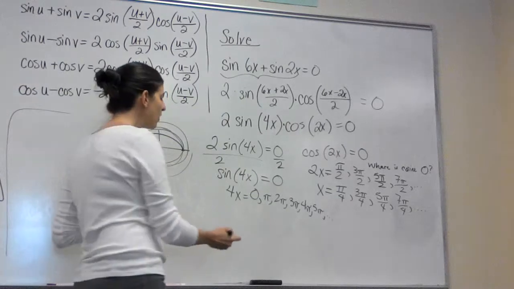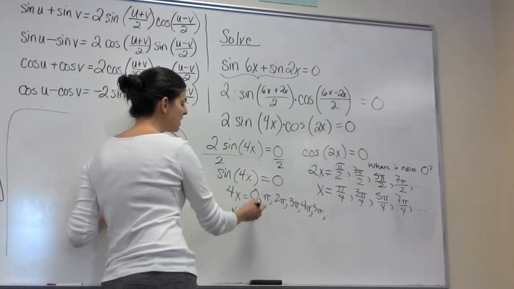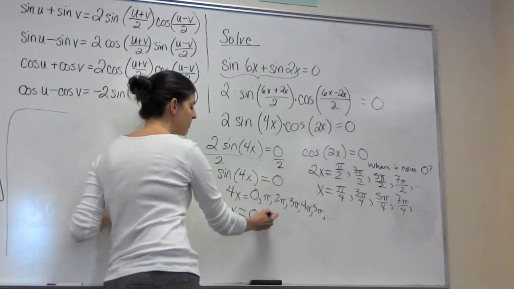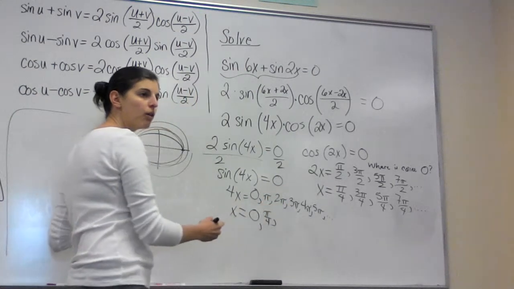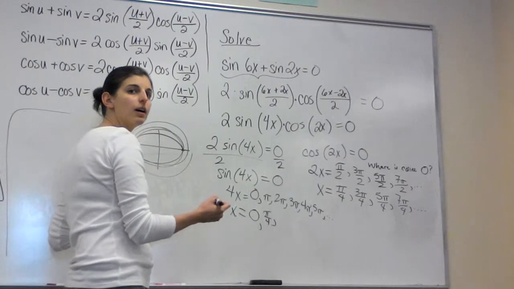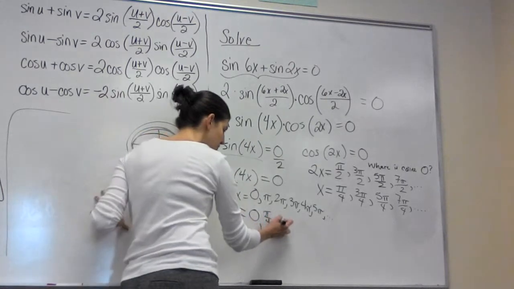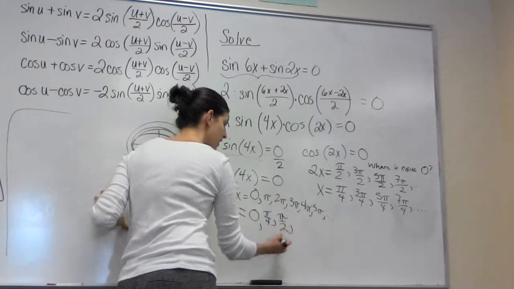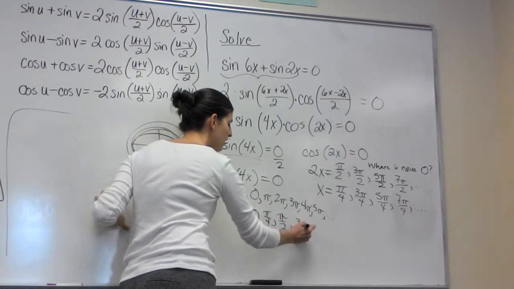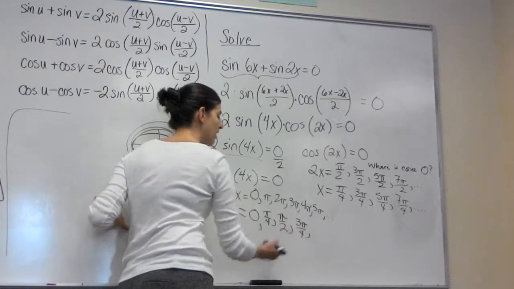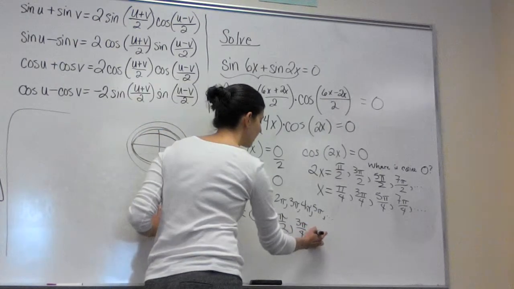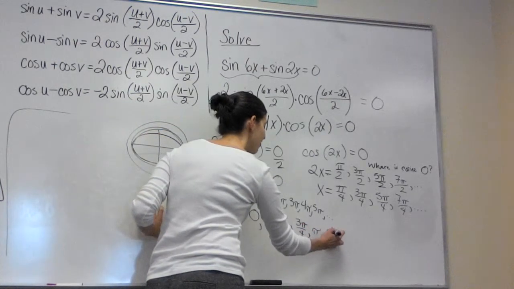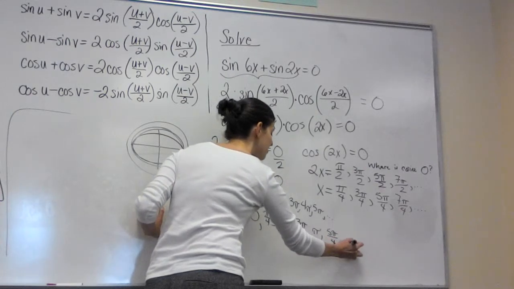Then you divide by 4. X will equal 0 over 4, which is 0, pi over 4, 2 pi over 4, which is pi over 2, 3 pi over 4, 4 pi over 4, which is pi, 5 pi over 4, and so forth.